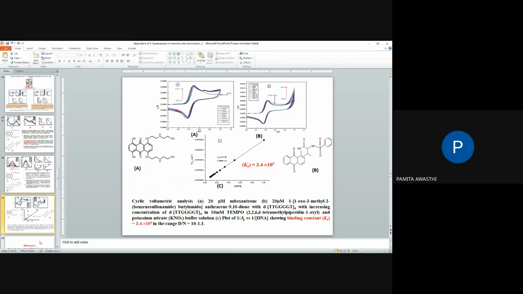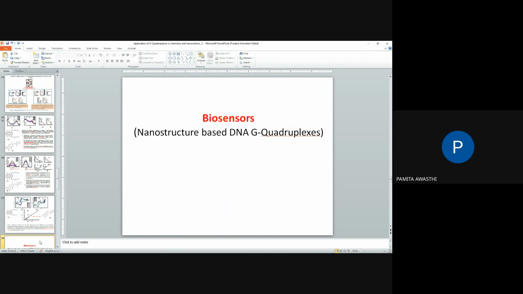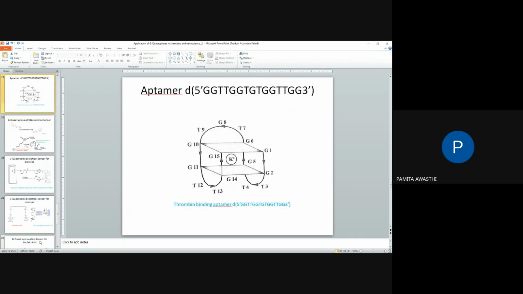So the next area of application is the biosensor, or we can say how these nanostructure based G quadruplex biosensors are being designed.